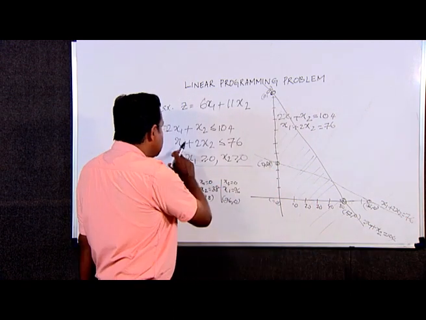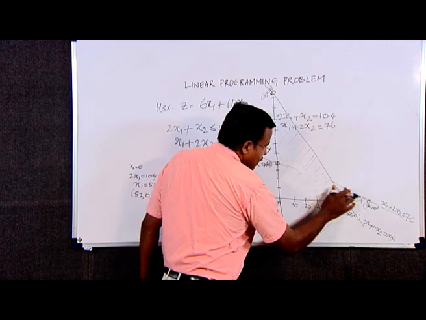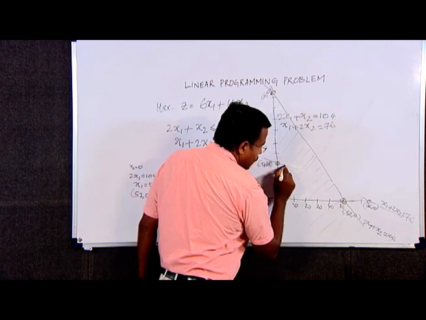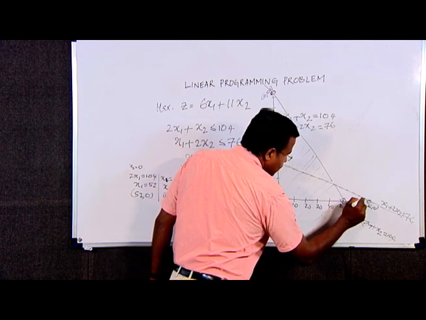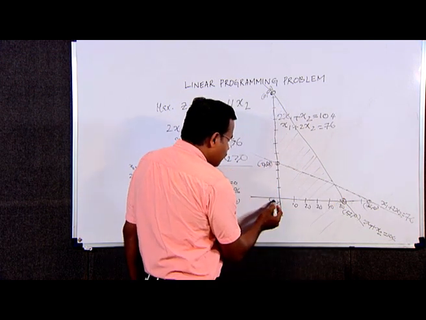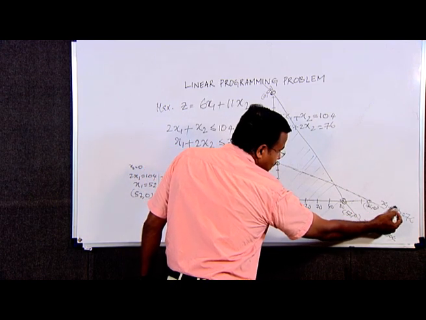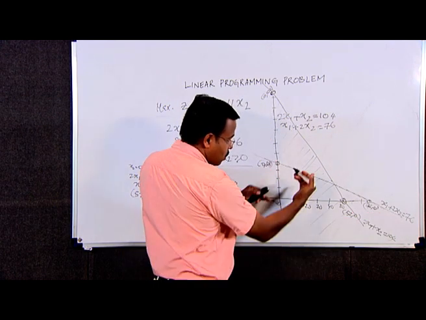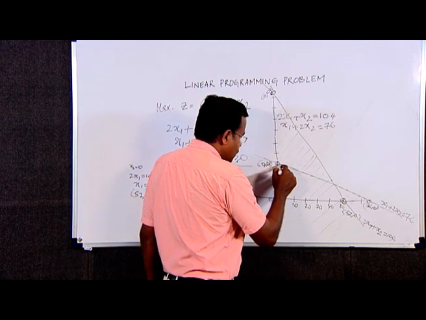Again, in this restriction x1 plus 2x2 should be less than or equal to 76. So, on this straight line x1 plus 2x2 equal to 76, on one side x1 plus 2x2 is less than 76 and on the other side it is greater than 76. Assume the point (0, 0): when x1 is 0 and x2 is 0, we get 0, which is less than 76. So, on this side of the line we are shading.